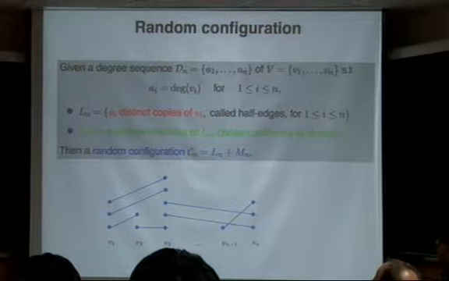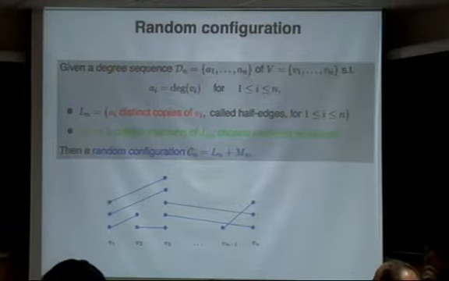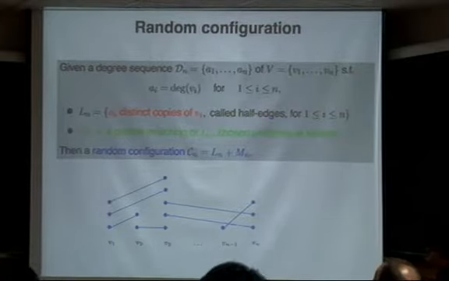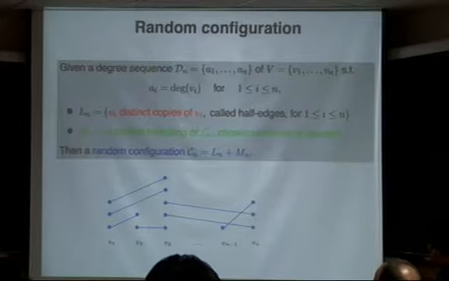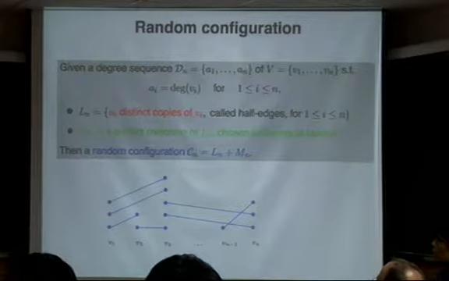Then on the cloned vertices, we consider a uniform perfect matching. Then when we contract the cloned vertices to the original vertex, like here, the resulting graph is a graph with that particular given degree sequence. Yeah? What could be a problem of doing this?